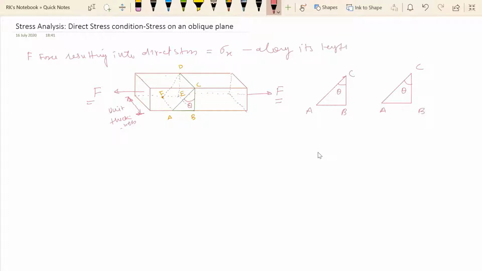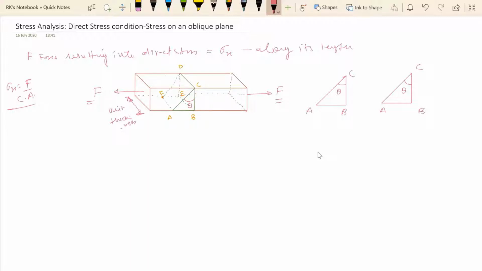As we know, sigma x can be obtained using sigma x is equal to F divided by the cross sectional area of this prismatic bar. So we can find sigma x using this formula, where F is the external force and A is the cross sectional area of this bar.